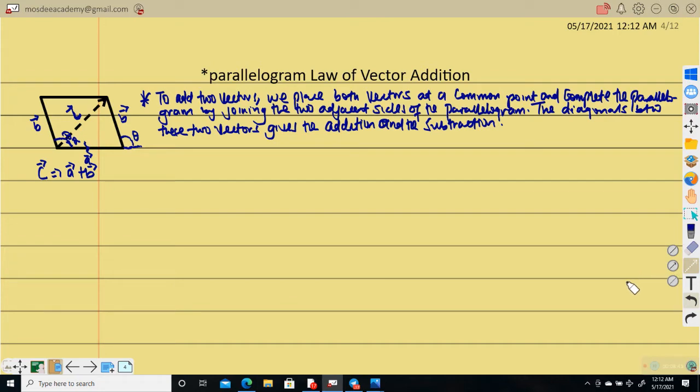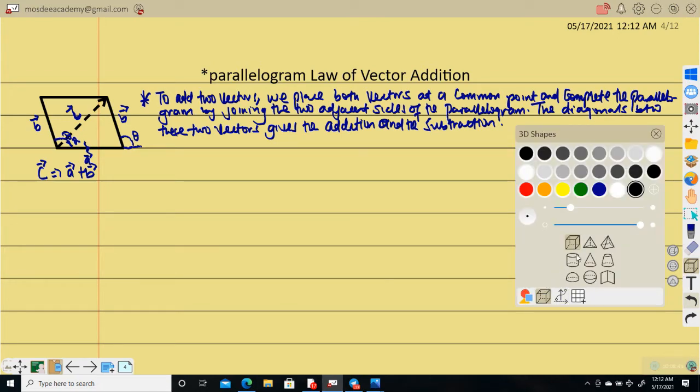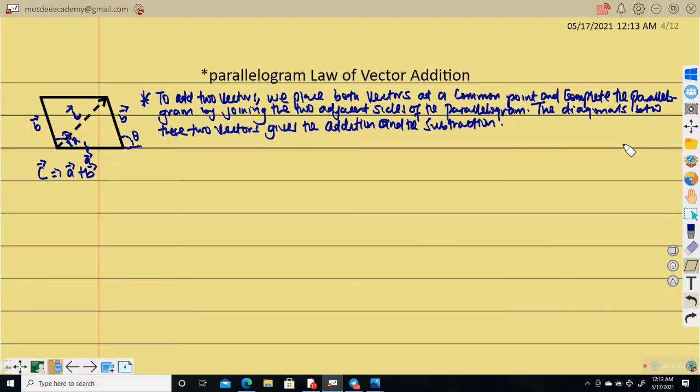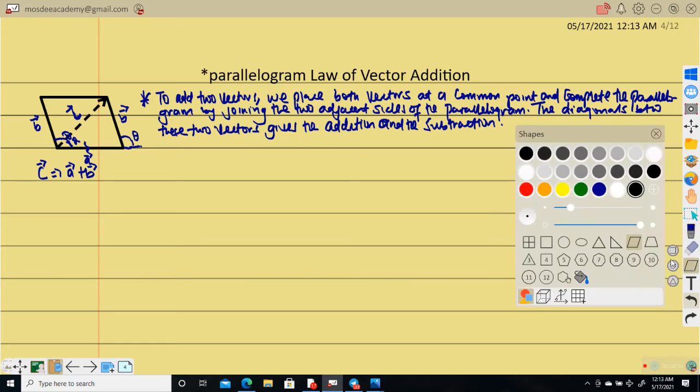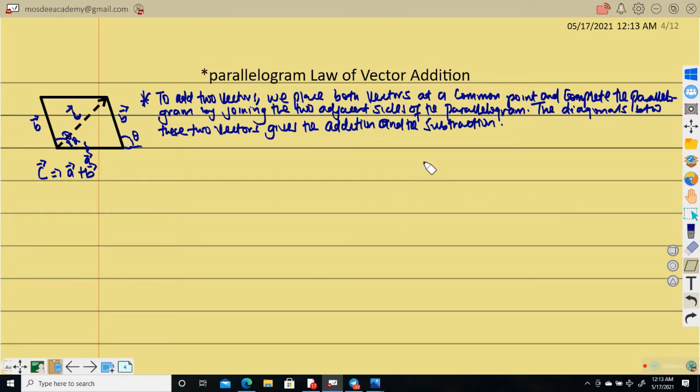To do that, let me quickly do that on this other side of the book. Now, quickly, we can say we have, let's say we have a parallelogram. Let's make it a little bit quick. So we have it in this slide.